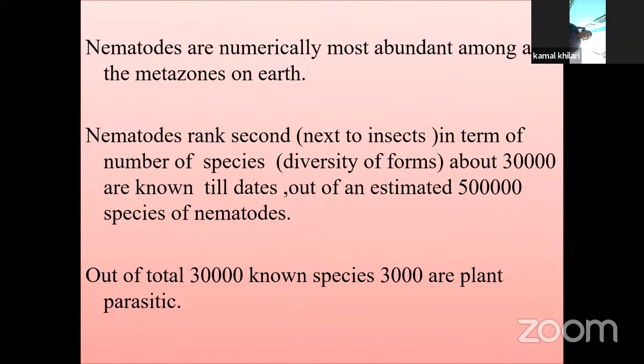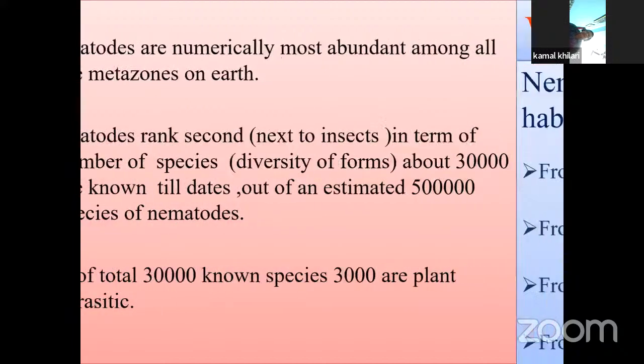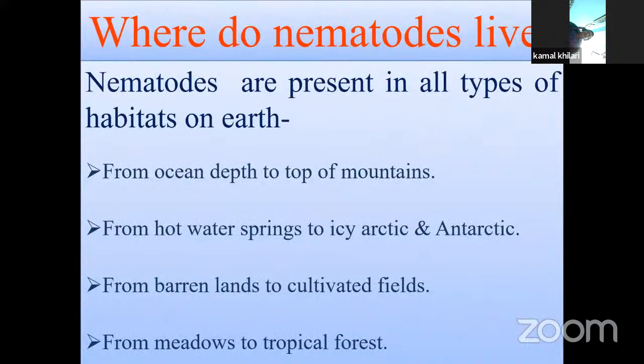Nematodes are very abundant in numbers. They are second after insects, if we count the numbers. And where do nematodes live? They are present everywhere.